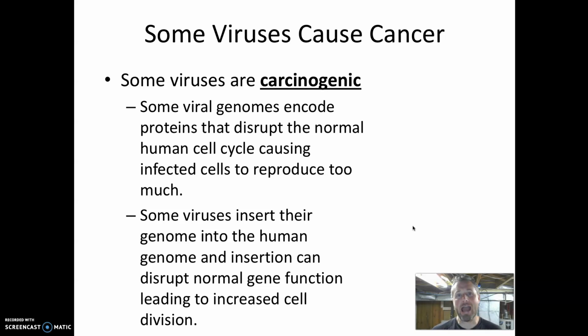Again, for any virus, we could identify where does it commonly insert into the genome and why does that lead to cancer? What genes are in its genome and why could those genes contribute to cancer? But let's not lose track of these simple overarching themes about viruses and their relationship to disease.